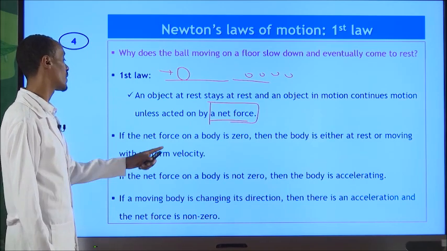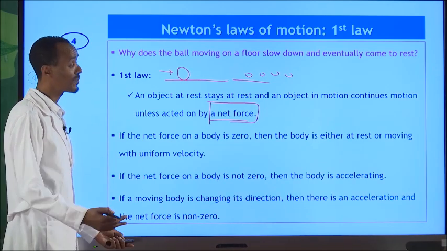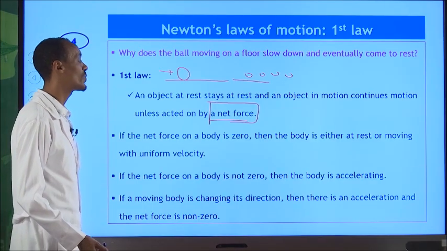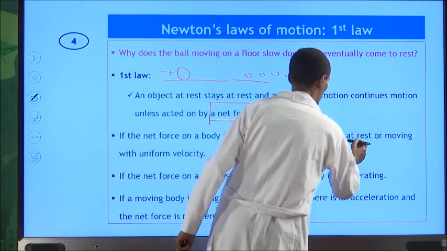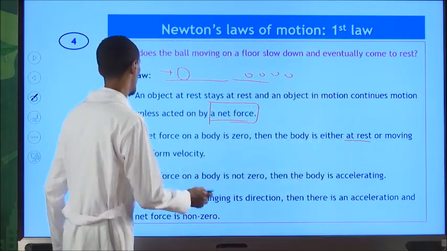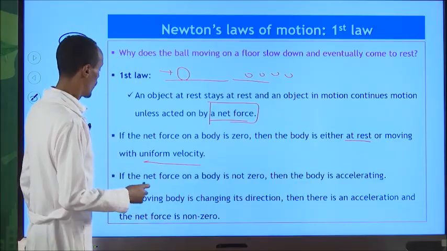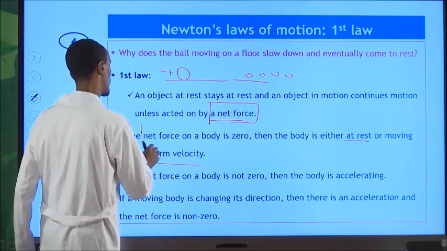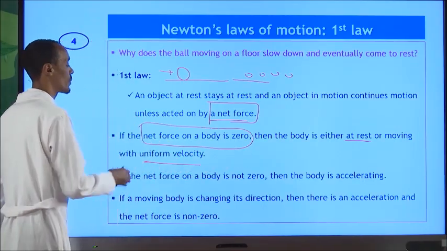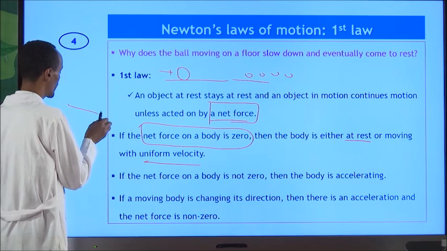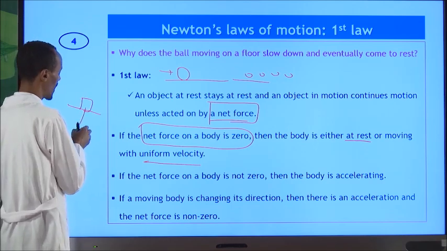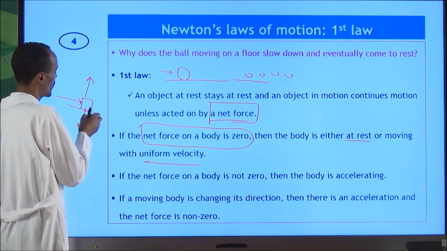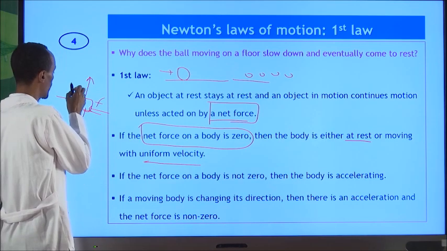If the net force on the body is zero, that means there might be forces, but the sum of all the forces on the body is zero, then the object is either at rest or moving with uniform velocity. What does this mean? If we have an object, there might be different forces acting on it: a normal force, the weight, an applied force, and also a frictional force, and so on.